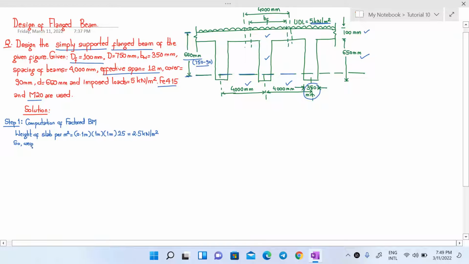So weight of slab per meter is given by 2.5 into, now what we have to multiply with this 2.5 is, since we are finding the weight of slab per meter of span, we have to multiply this area weight, that is 2.5 kilonewton per meter square, by the width of our beam or width of our slab. And since the center to center spacing of our T-beams, we are only considering this T-beam portion here.